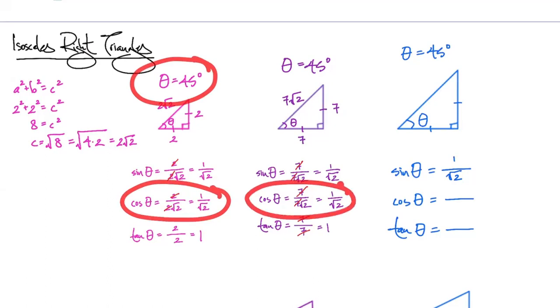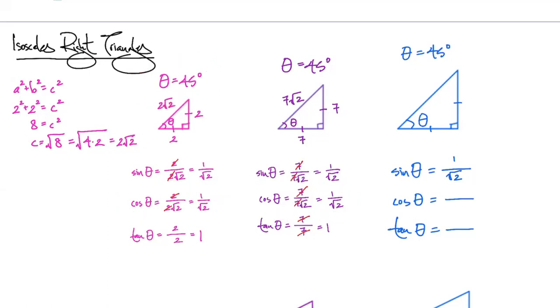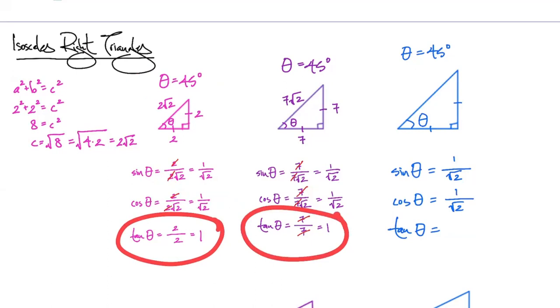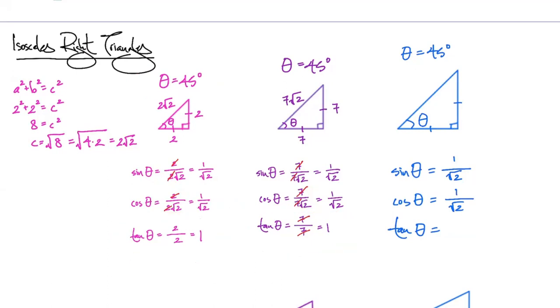No matter how long the side lengths are, it really just matters how big the angle is. We can say that's 1/√2. And for tangent, tangent of 45 degrees is 1. Tangent of a different triangle with an angle of 45 degrees is 1. If I know the angle's 45, I know the tangent's going to be 1.